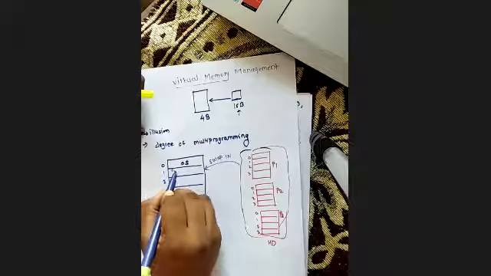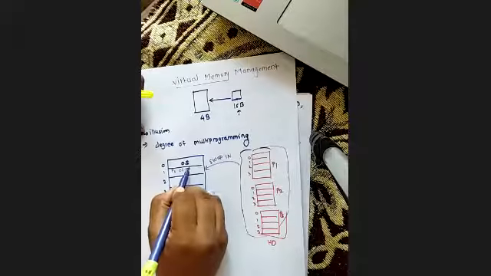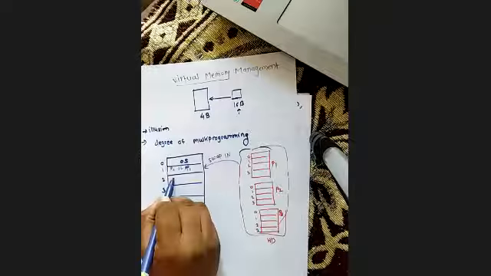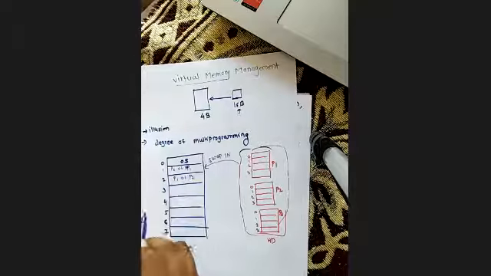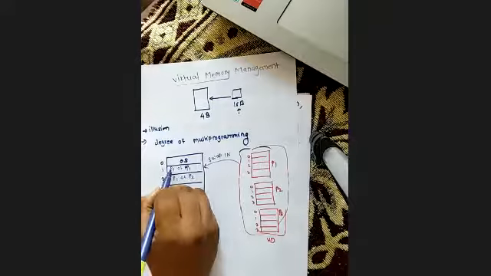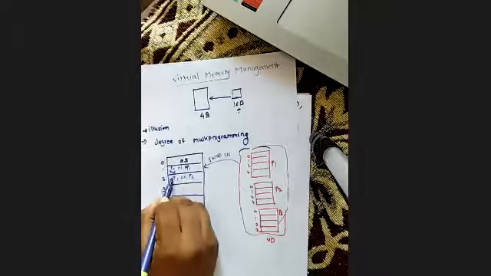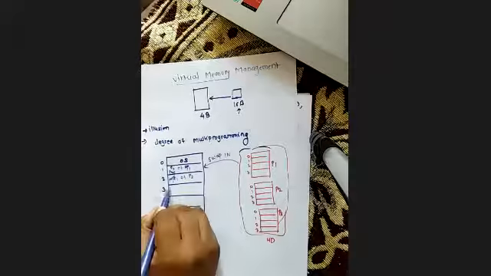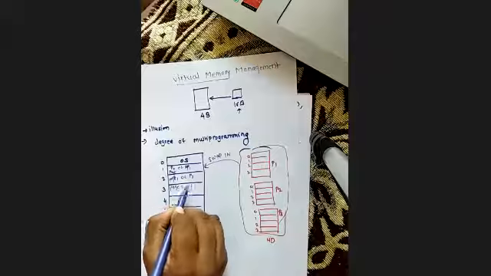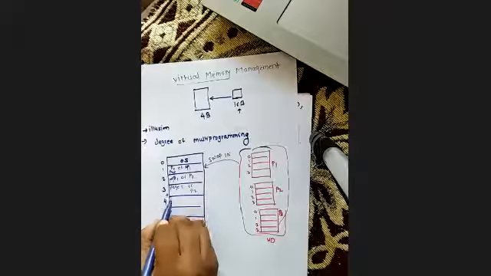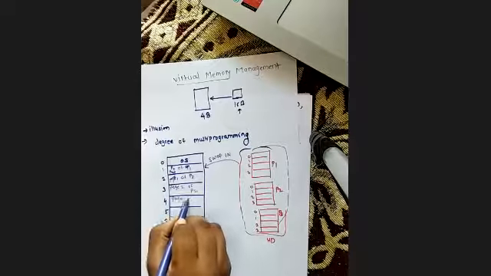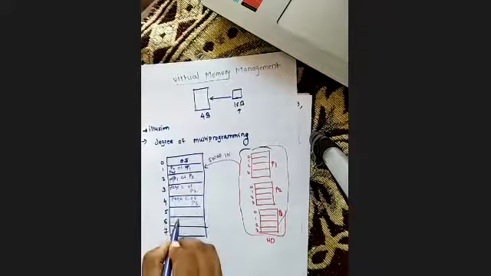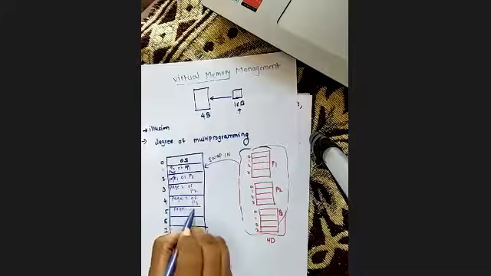Suppose here I have page 0 of P1. Now here somewhere I have page 0 of P2, page 1 of P2, page 2 of process P3, and page 2 of process P1.